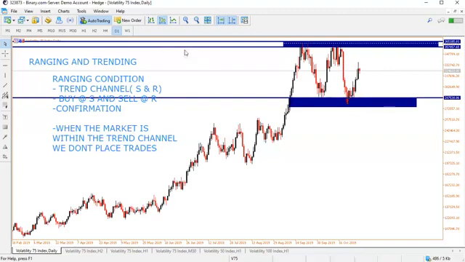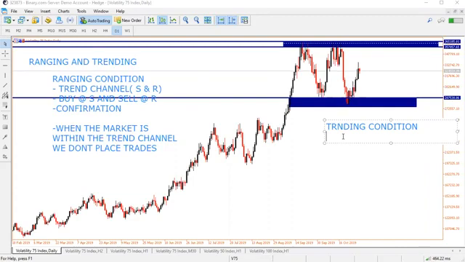So again, I spoke of trending conditions. You can notice that within each and every single trend, the market in most cases ranges, but it depends on where it is ranging.